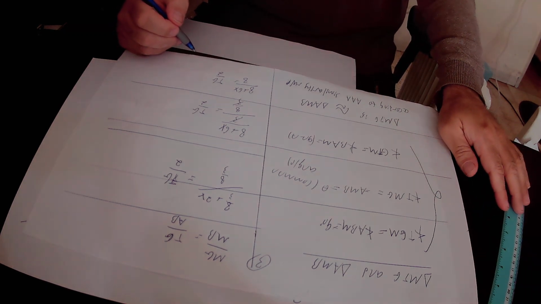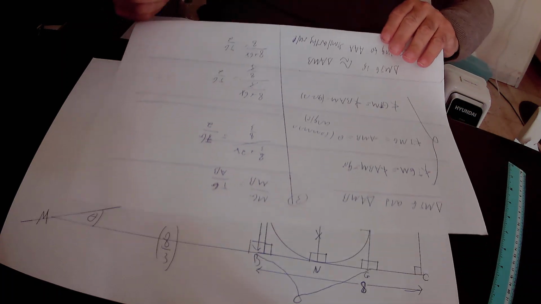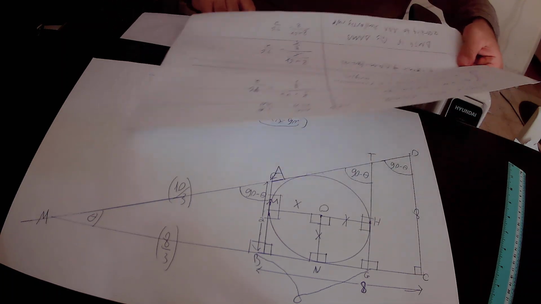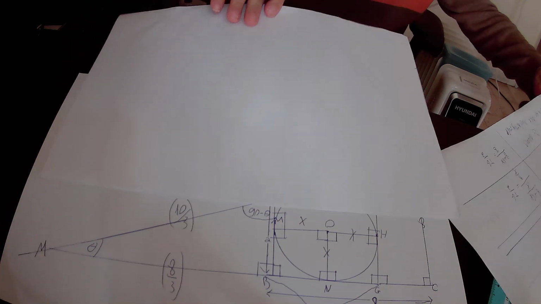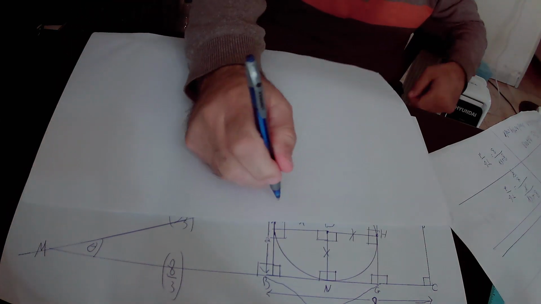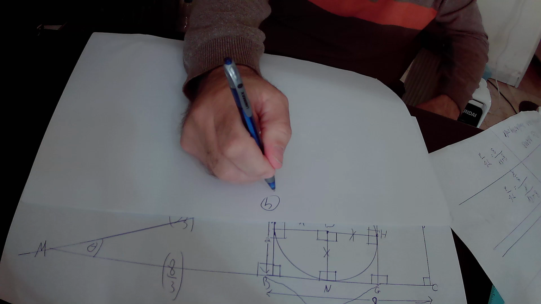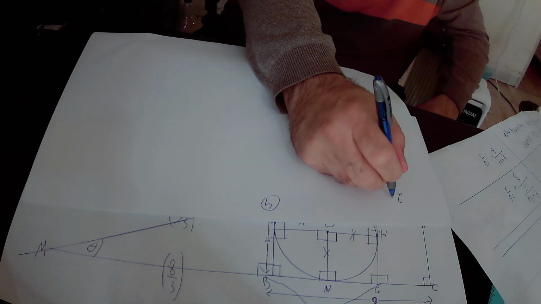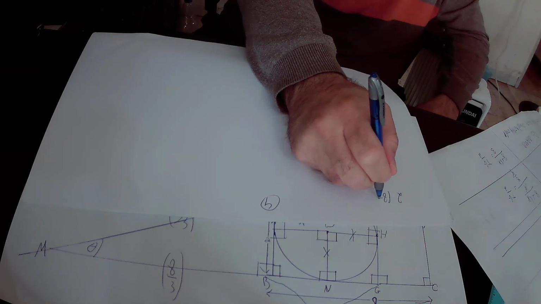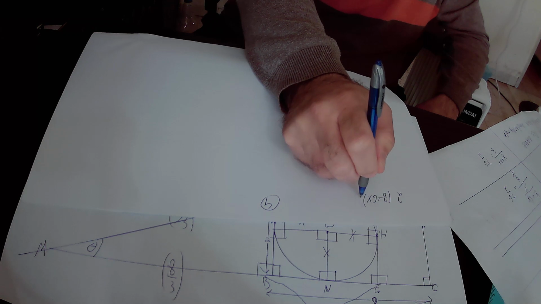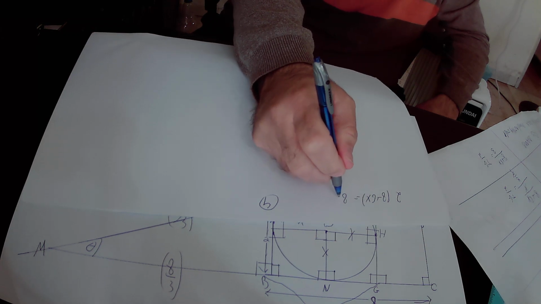and we get that 2 times 8 plus 6x is equal to 8 times TG.